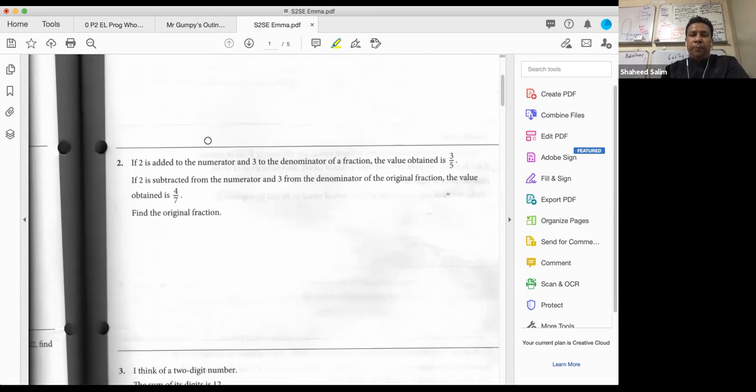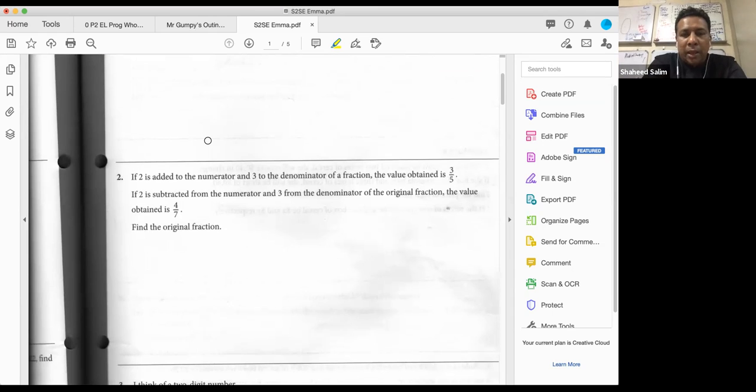So down here now, you tell me, we know we are doing X and Y. So what is X and what is Y? What are you going to say is X and what are you going to say is Y?